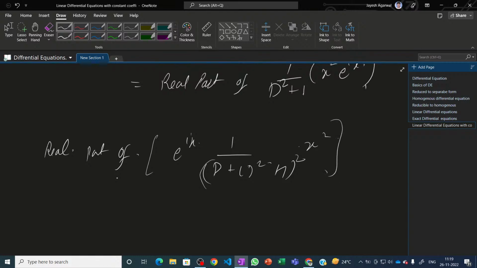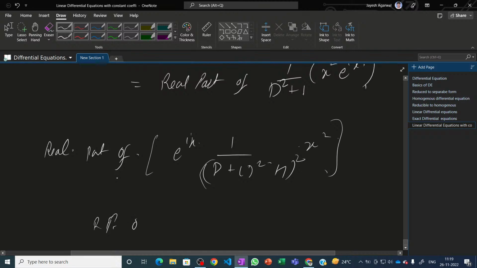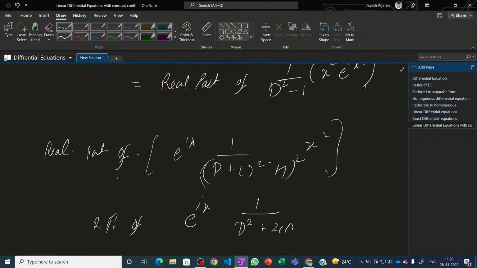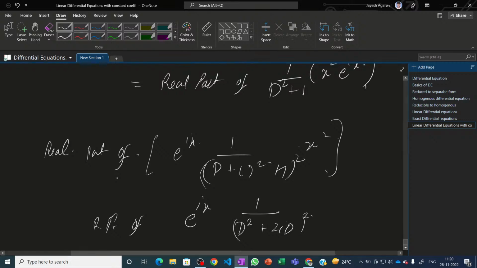So now, the real part of e raised to power iota x, 1 upon D square, now opening the whole square, D square plus 2 iota D, whole square times x square.